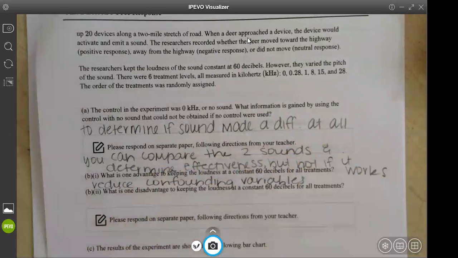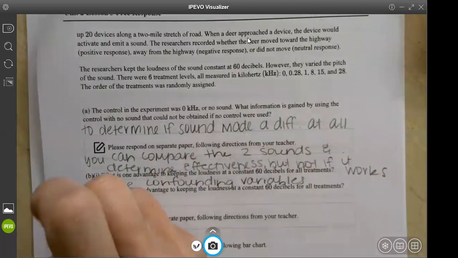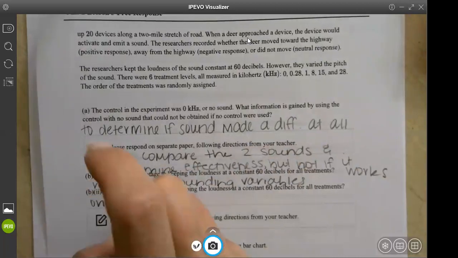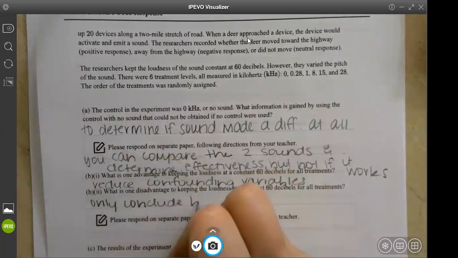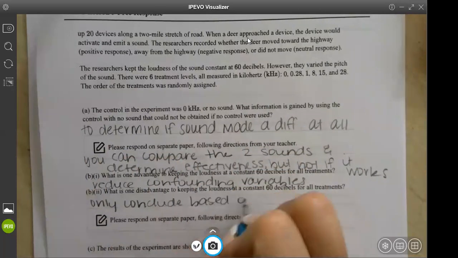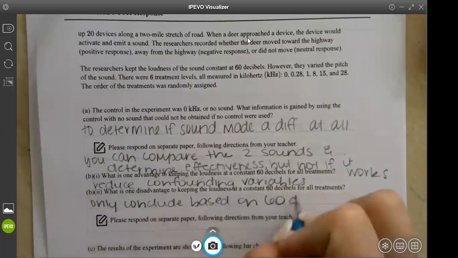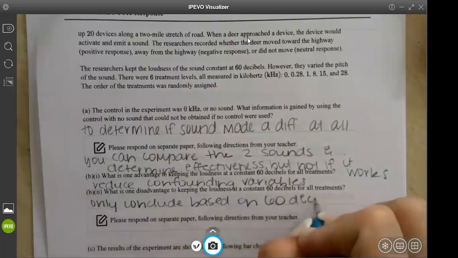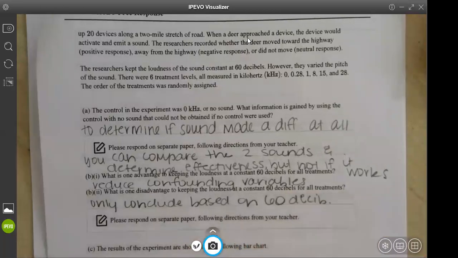What can we only make a conclusion about? Absolutely. So we can only conclude based on the 60 decibels and no other loudness. Very good.